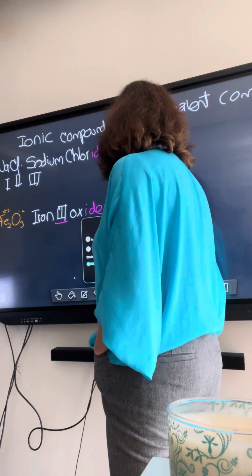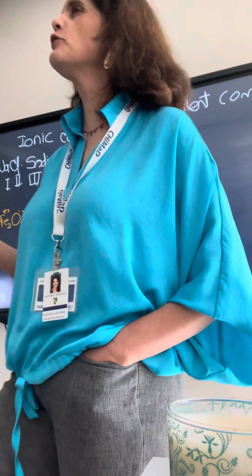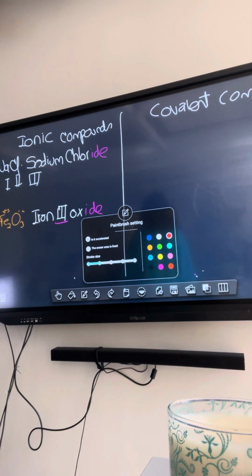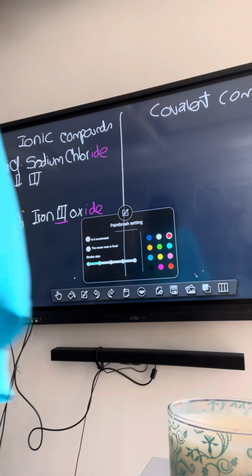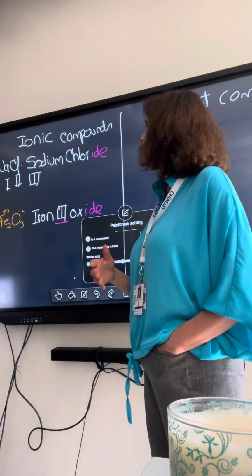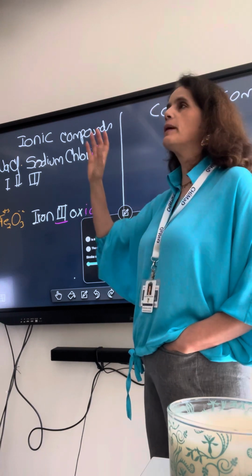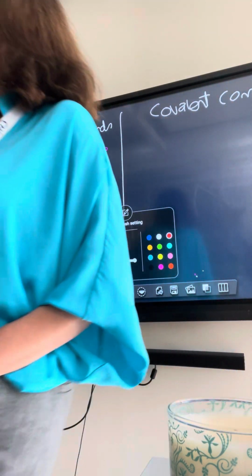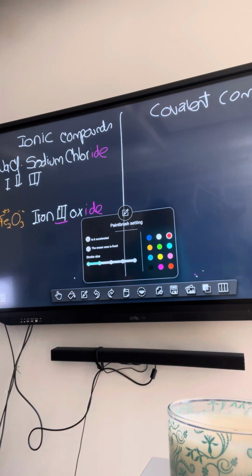The exceptions are, and the first one is not really an exception, because aluminum should have what charge, Alex? Yeah, aluminum is plus 3. But if you look diagonal, the one diagonal to it is zinc.